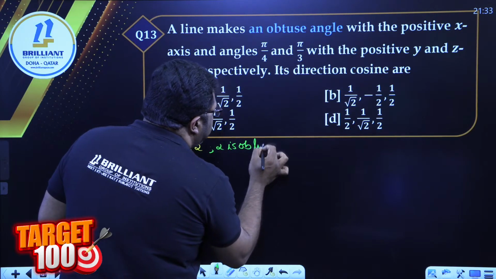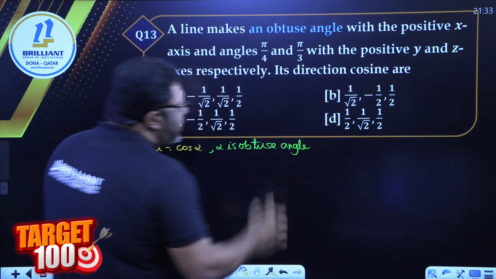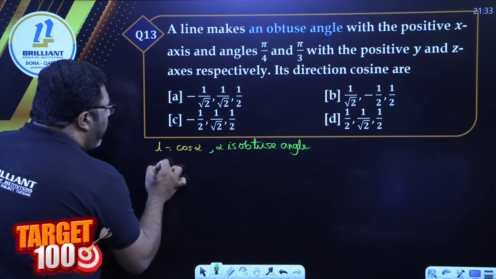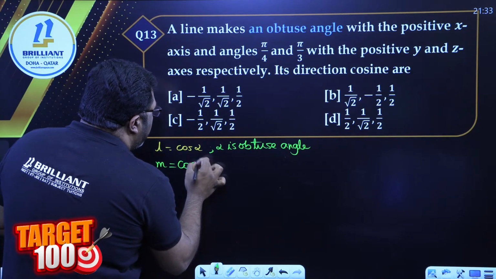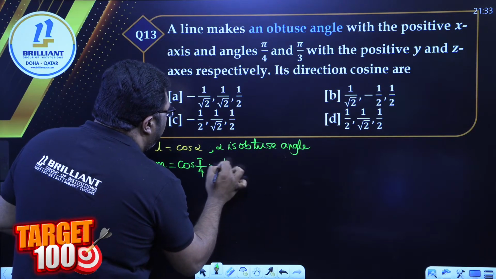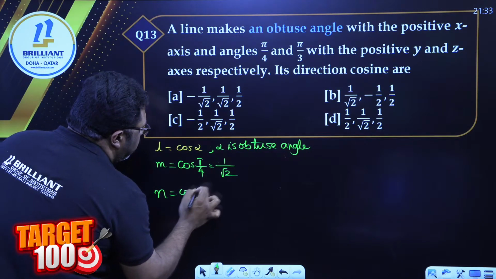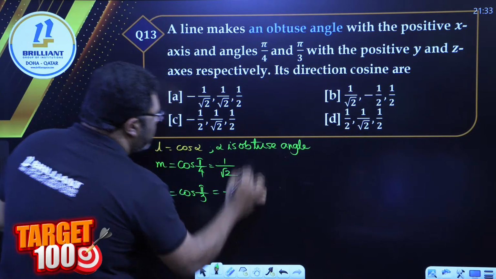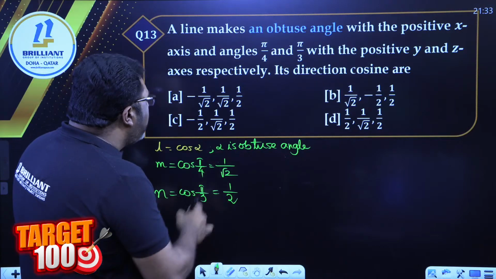You can see in the question I have highlighted, because I'm going to tell you you're going to make a mistake in this answer. That's why. And m, the second one, is cos pi by 4, definitely 1 by root 2. And n is cos pi by 3, which is 1 by 2. So we have two direction cosines, 1 by root 2 and 1 by 2.